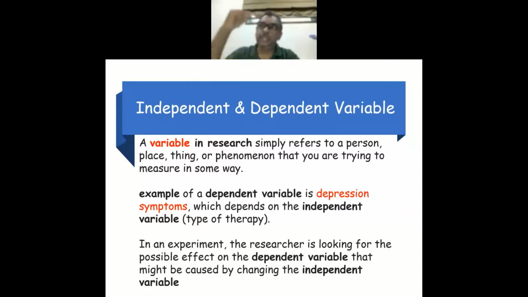In an experiment, the researcher is looking for the possible effect on the dependent variable when changing the independent variable. That means if you change the independent variable, something will happen to your dependent variable. You give more water, then your plant will become bigger.